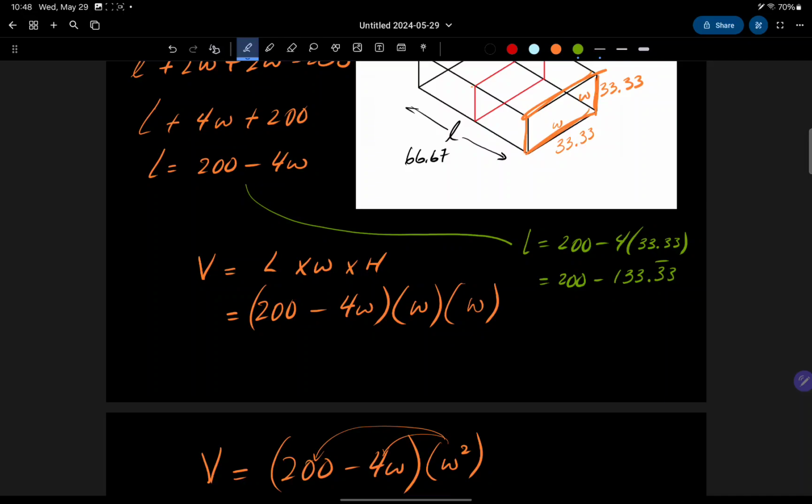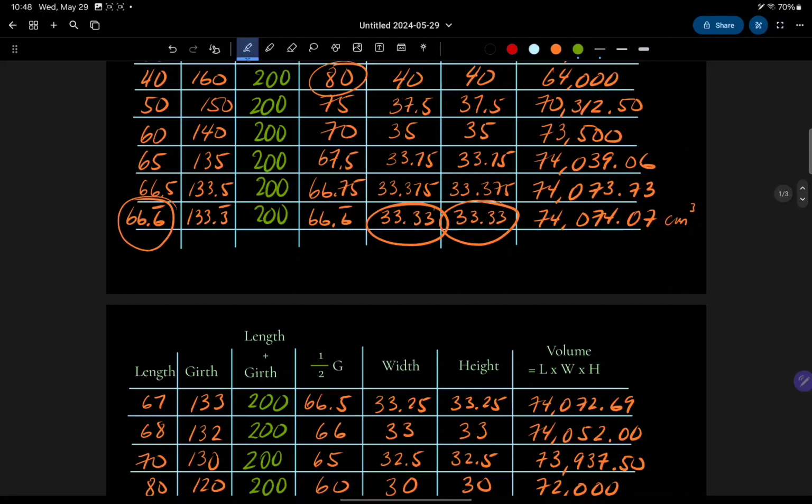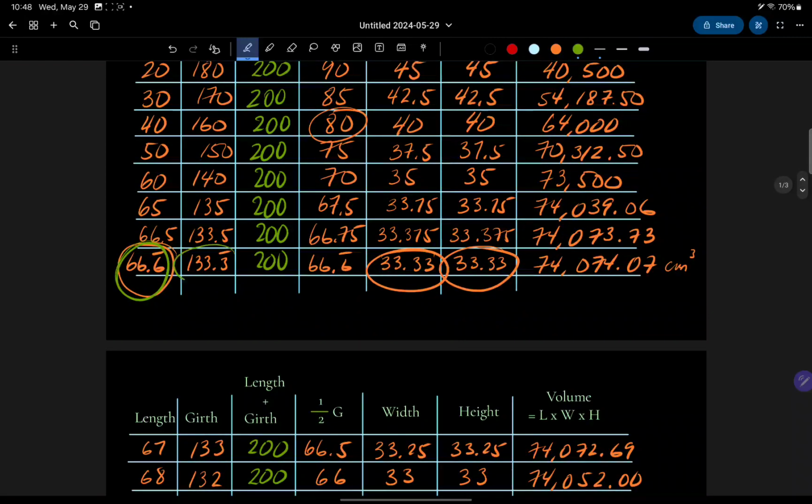I'm going to use a calculator, even though I'm quite sure that this is the answer. So 4 times 33.33, that's 133.33, exactly. And then 200 minus 133.33 is 66.6 continued, so 66.67. So we can see that the length is 66.66 or 66.67. The girth happens to be 133.33, and the volume is 74,074 centimeters cubed. And that is your answer.